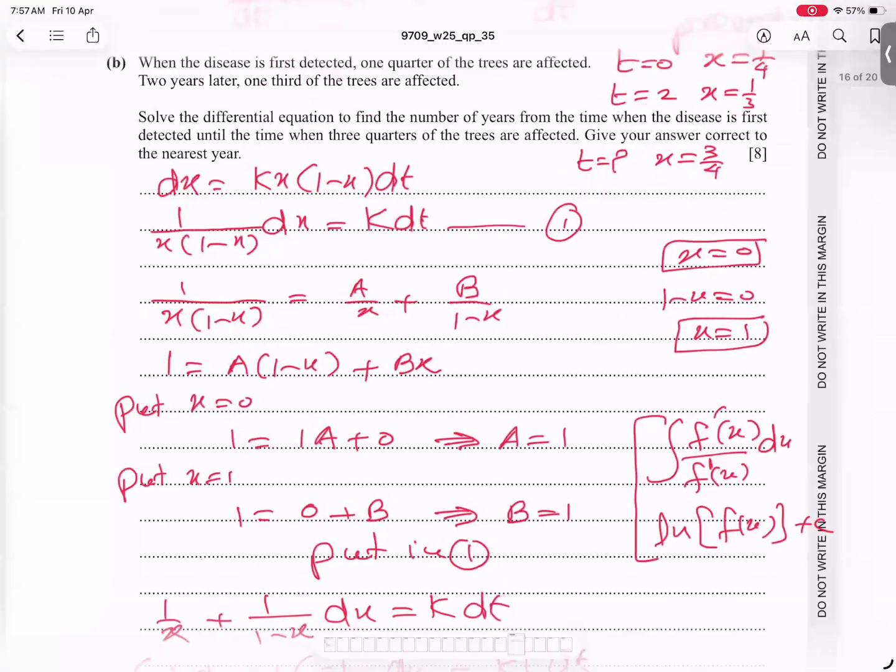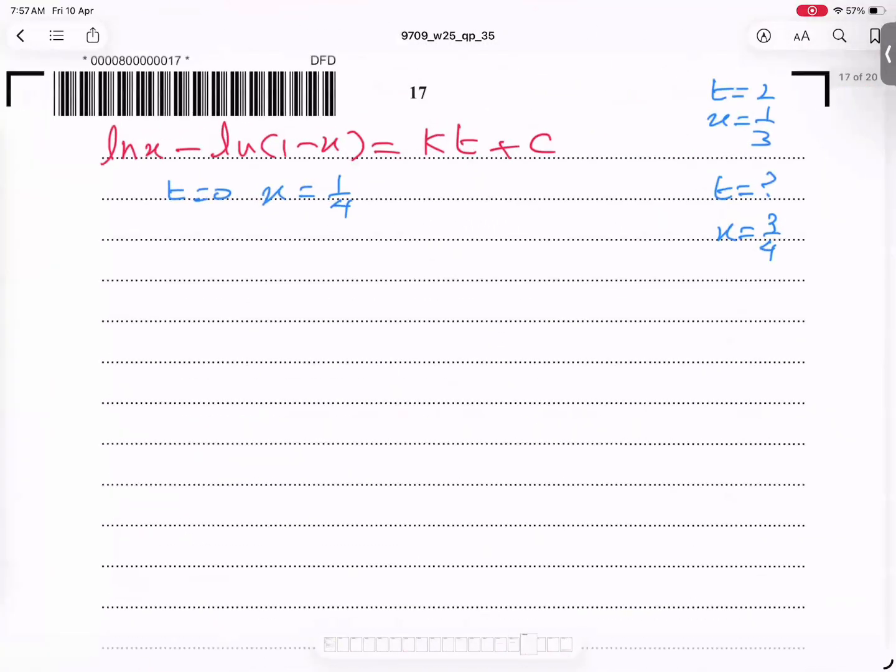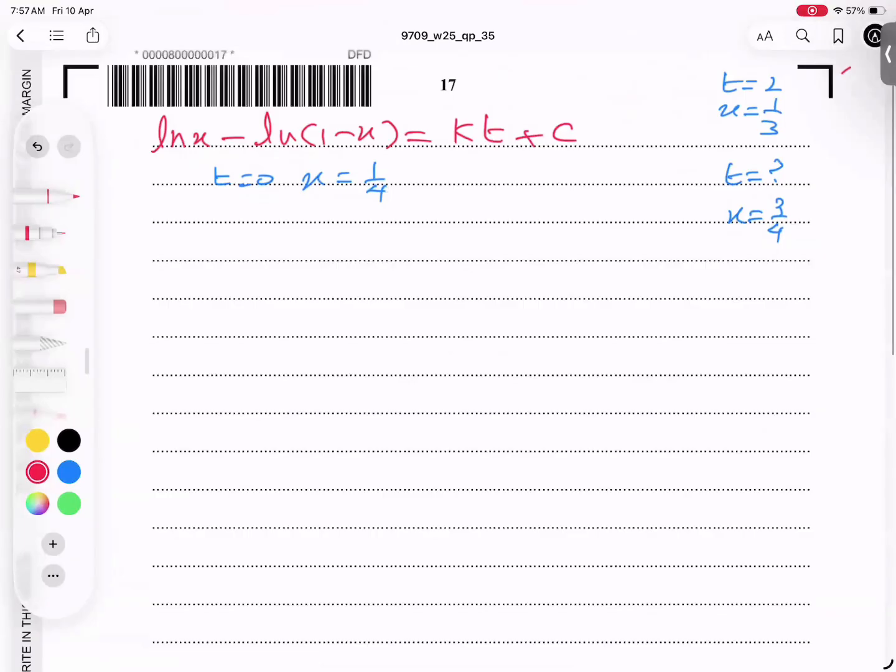Just once again, let me check again. Yeah, confirmed, it's 3/4. Okay. So let's try to do it. So students, when I plug in 1 by 4 here, it turns out to be 1 minus 1 over 4, 3/4, and 0 and c.